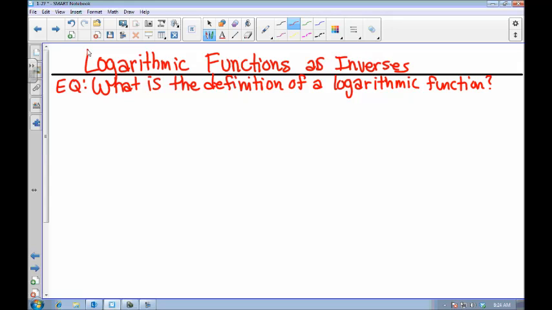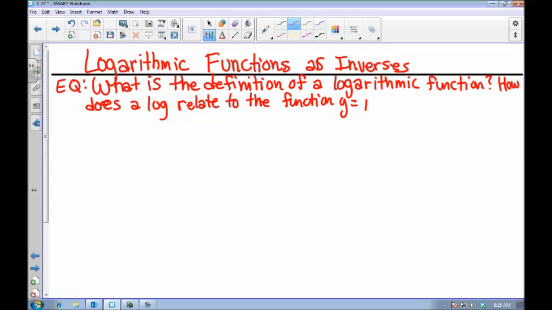And how does a log, which is just the abbreviation for logarithmic, relate to the function y equals 10 to the x?